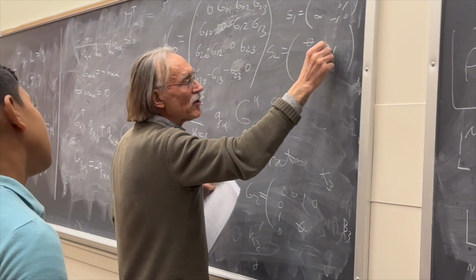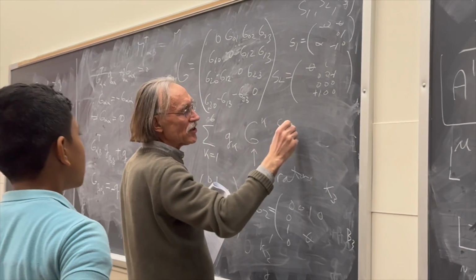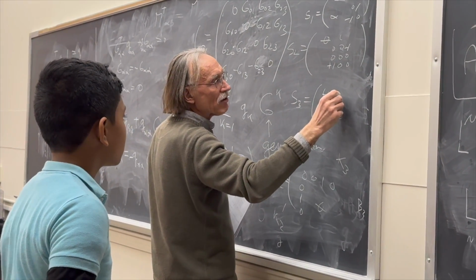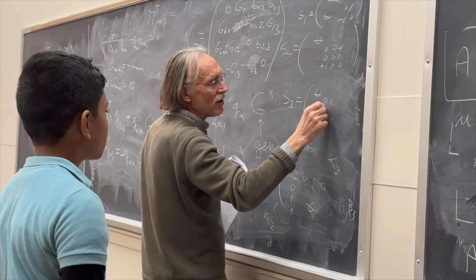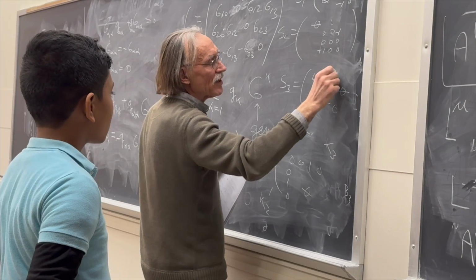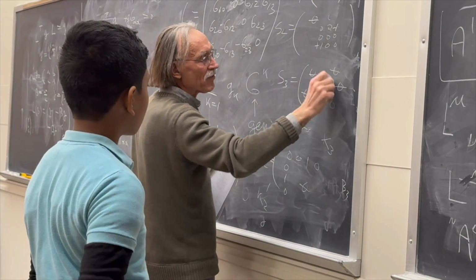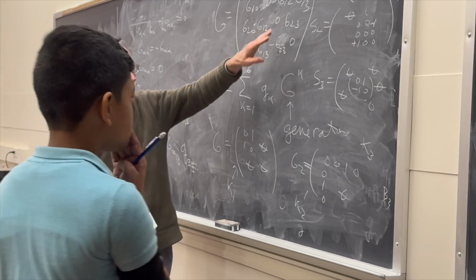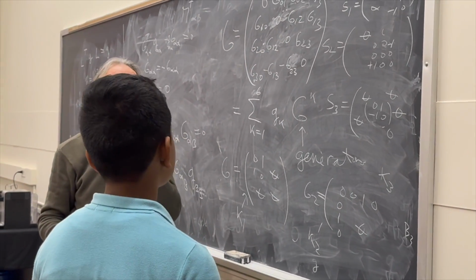I think the typical convention is to actually change the signs. So you can expand this matrix in terms of these 6 generators.